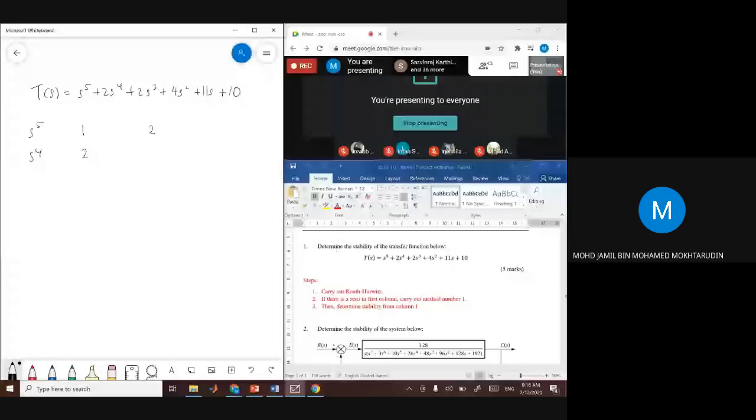And calculate for S3. So you get 0 here. So when you get 0, then you know that you need to use the first case of Routh-Hurwitz, which is when there is a 0 in the first column.